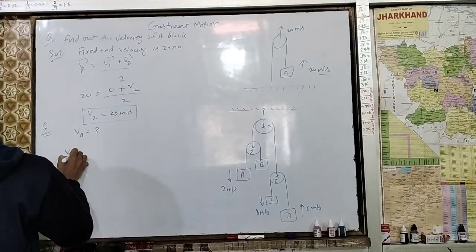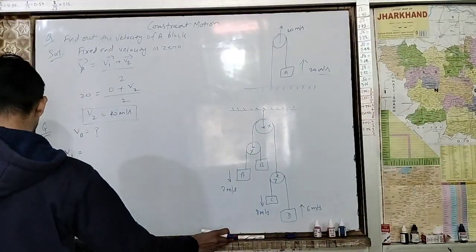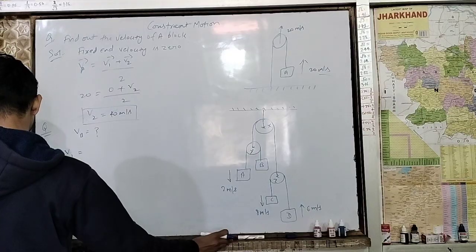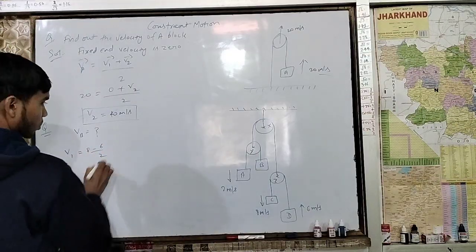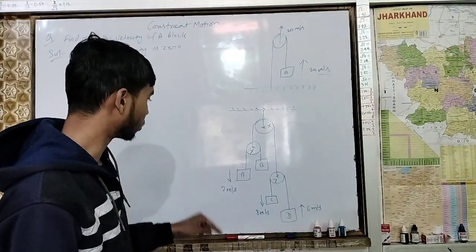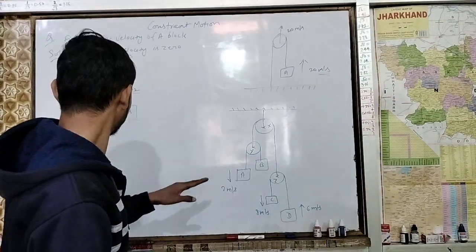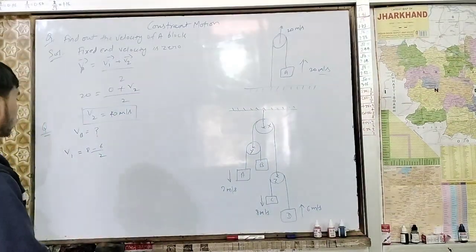Here V1 will be equal to 8 minus 6 upon 2. 8 is downward, 6 is upward. So 8 minus 6 upon 2.